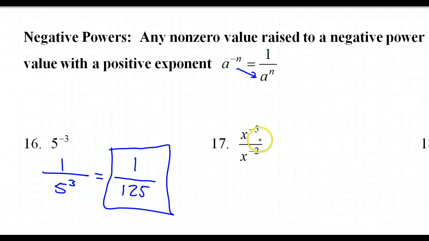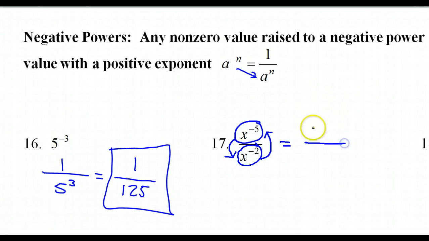Anything that has a negative exponent. So because this has a negative exponent, that means it has to go down to the denominator. Okay, because this one has a negative exponent and it's already on the denominator, that means it has to go up. Alright, so anything with a negative exponent gets moved.